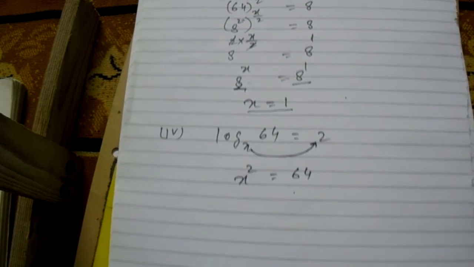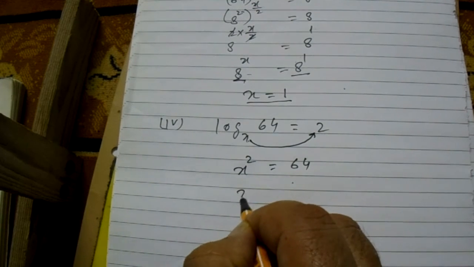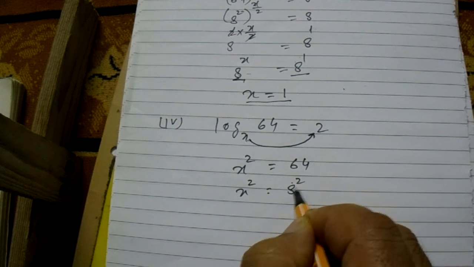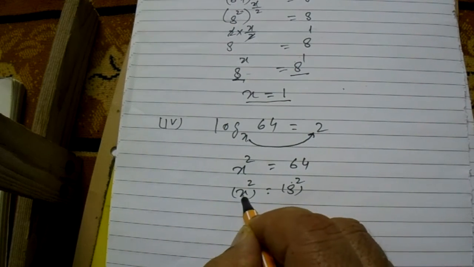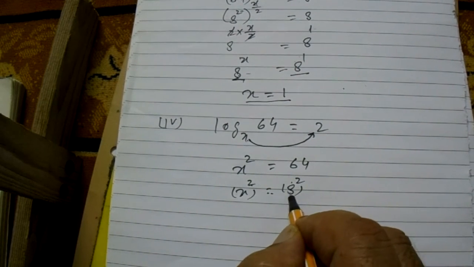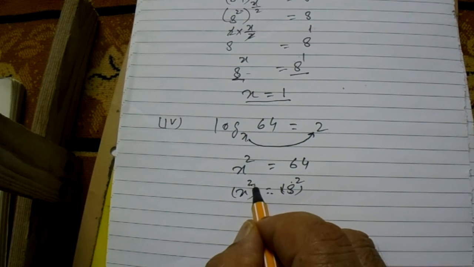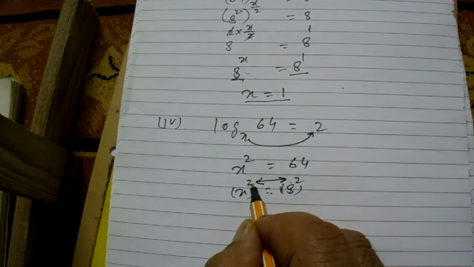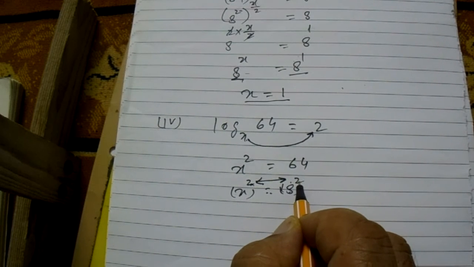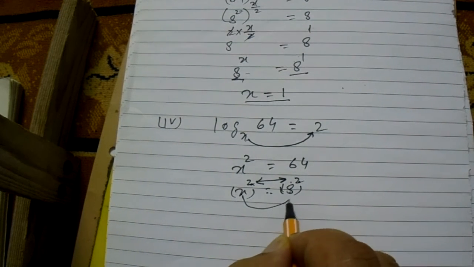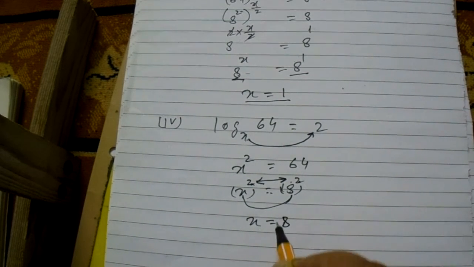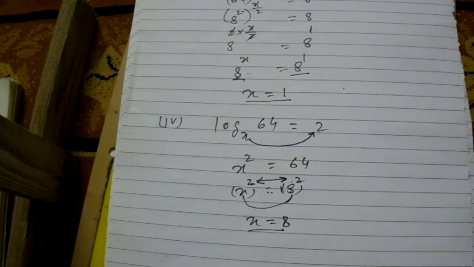Now again 64 is equal to 8 power 2. Now this x power 2 is equal to 8 power 2. Now powers are same, we equate the bases. x is equal to 8. Now this is your answer of this question.